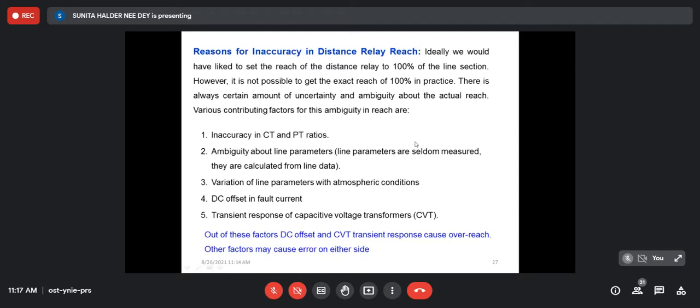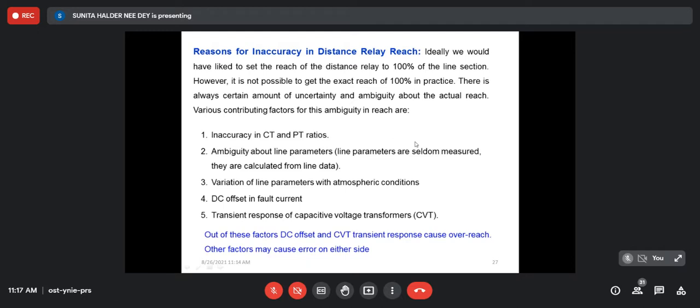Secondly, there is a DC offset current in a fault. In the initial condition, there is a high DC current along with the steady state current, so there is a huge current. For that reason, initially the transient may be assumed as a fault, but it may not be. That will also affect the distance relay operation.